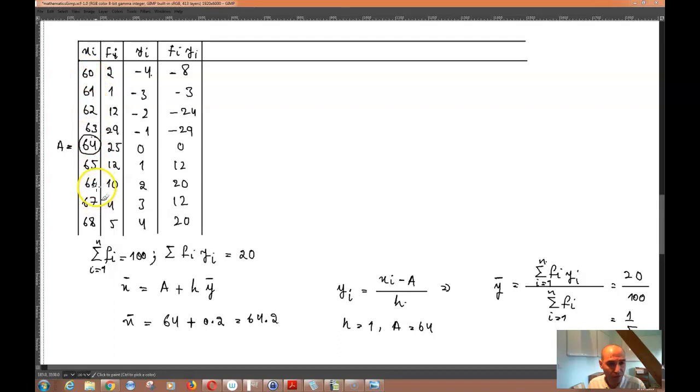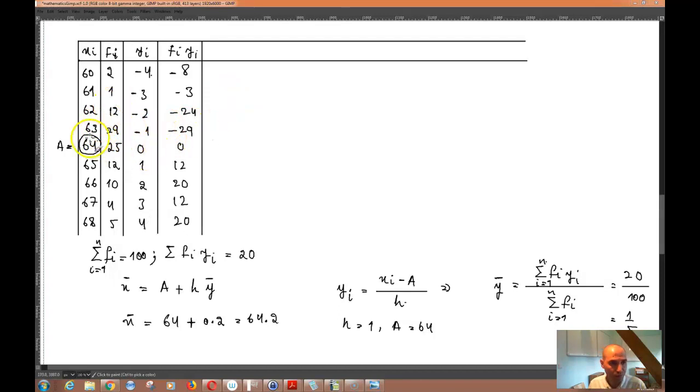So x of i, basically we said that to calculate y of i, I'm subtracting the assumed mean from each x of i. That means that y of i is basically the same thing as d of i, as we had in the assumed mean method.